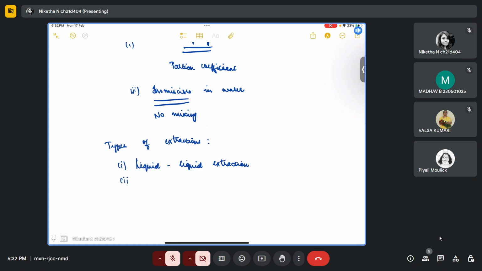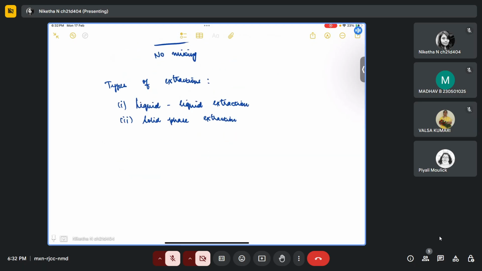So what's the difference between both? In solid phase, we have to use a suitable adsorbent. Solid. Okay. And then? Then how will you separate? The adsorbed substance should be dissolved using a solvent. Yeah.